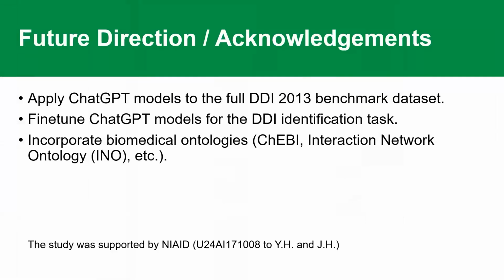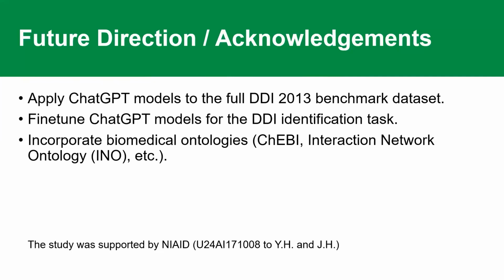So our future direction is to apply ChatGPT models to the complete drug-drug interaction 2013 benchmark dataset. We also want to fine-tune the ChatGPT models for DDI identification tasks, because this model is not trained on the drug-drug interaction task. It is not trained on that DDI 2013 dataset.